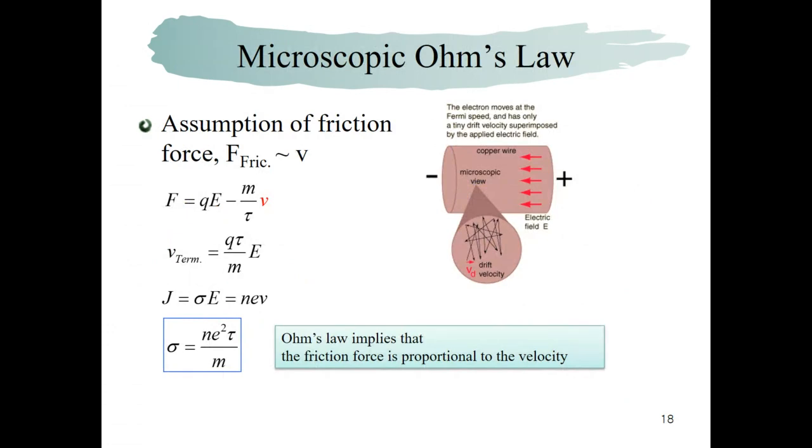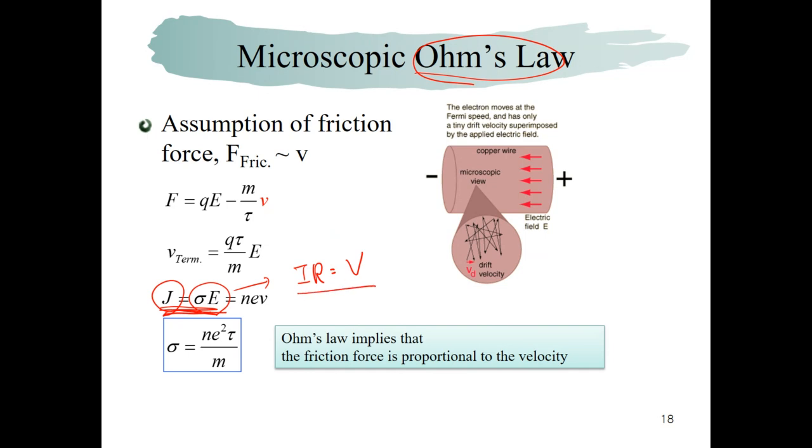And let's recall Ohm's law again. If we think about the microscopic Ohm's law, we have such a relation. The microscopic Ohm's law is closely related to this macroscopic Ohm's law.